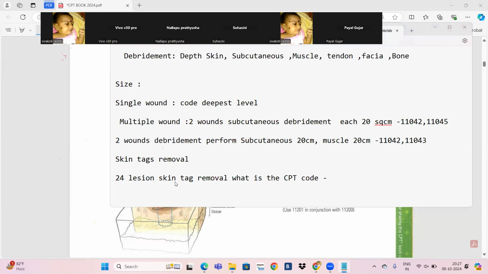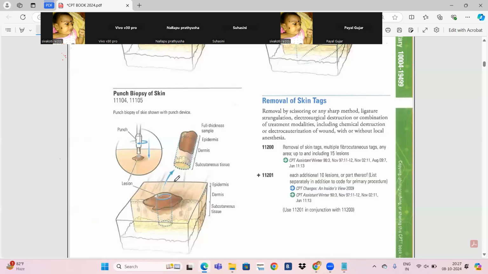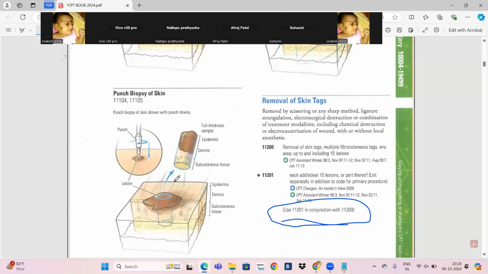I explained this in the symbols day, right? On the symbols meaning, plus symbol means we need to mention the add-on codes with the original code, always. Add-on code you never code as primary. Remember, here use 11201 in conjunction with 11200.